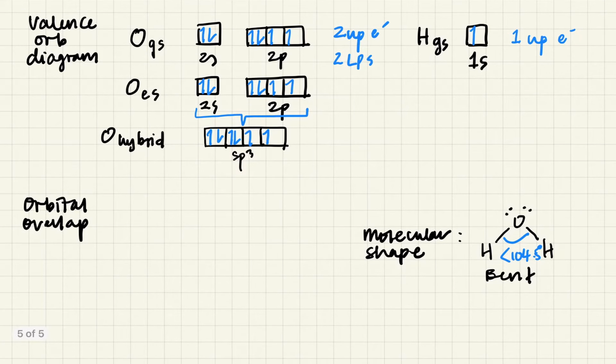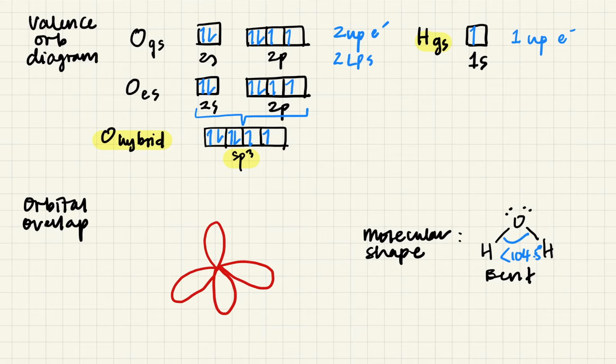Okay, so that's done. So now that we have our valence orbital diagram, we are going to draw our orbital overlap. Okay, so we're going to look at our oxygen hybrid and hydrogen ground state. So first, you're going to draw the sp3 orbital for oxygen. So the sp3 orbital for oxygen will be in a tetrahedral shape, like just now.